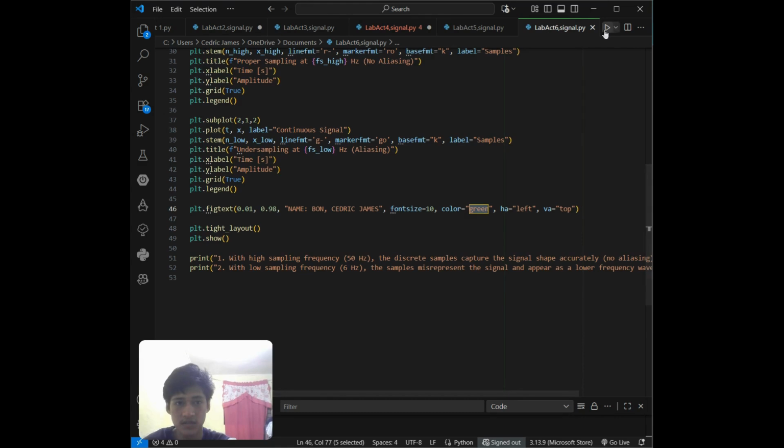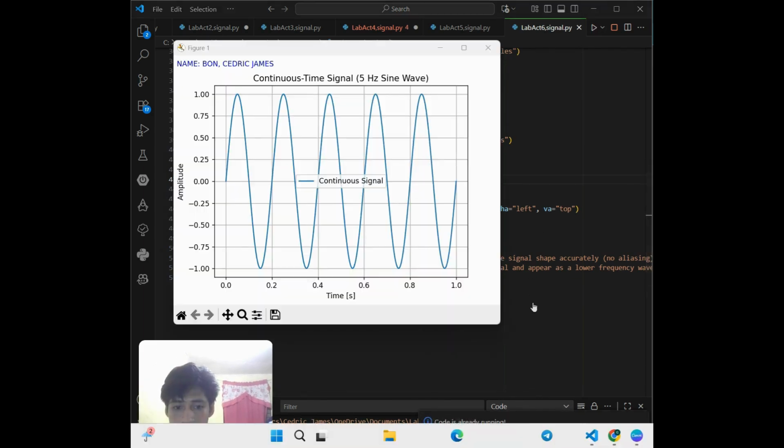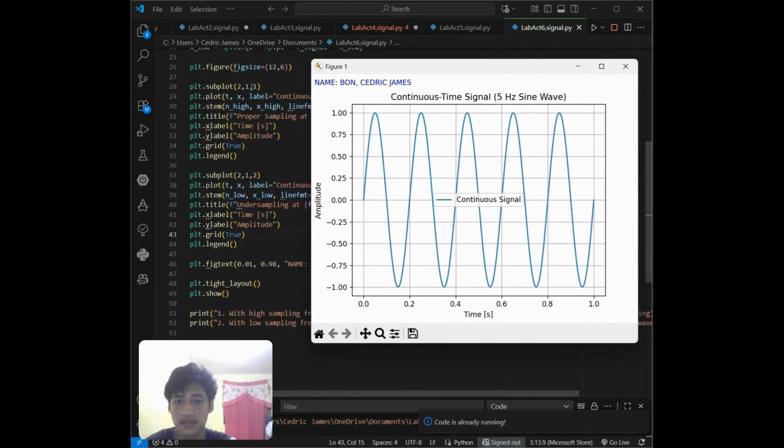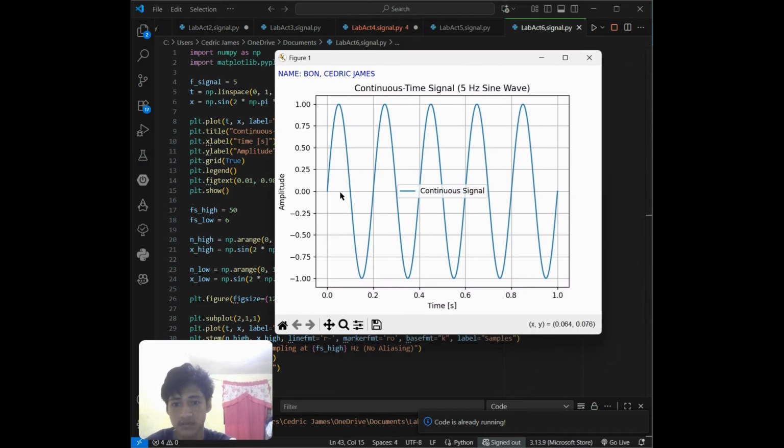So let's see the output. There, as you can see here, this is the continuous time signal, a 5 Hz sine wave with the labels.